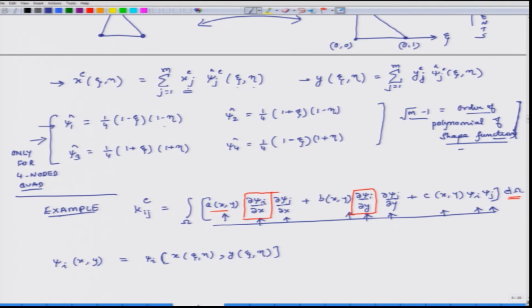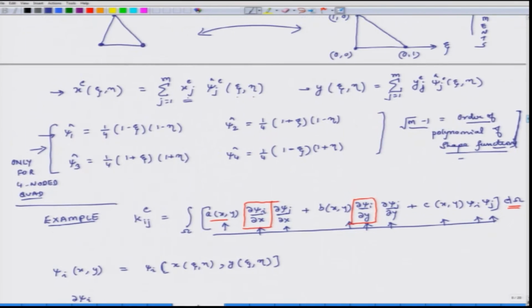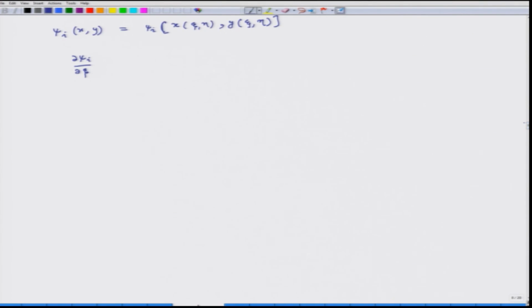What I will do is first I will write an expression: I can calculate psi I with respect to zeta using these approximation functions. I can very easily calculate these. So, I know this thing, and this I can also write in terms of x.